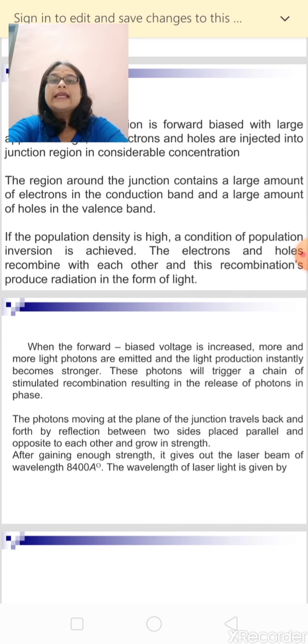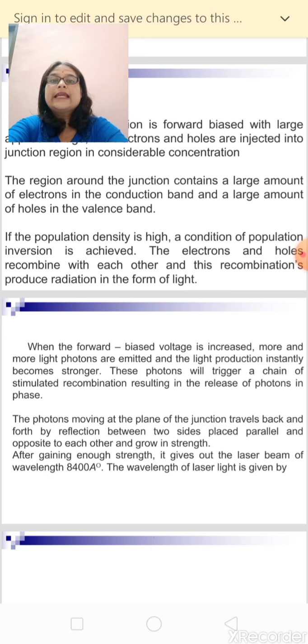The photons moving in the plane of the junction travel back and forth by reflection between the two sides placed parallel and opposite to each other and grow in strength. After gaining enough strength, it gives out the laser beam of wavelength 8400 angstrom.